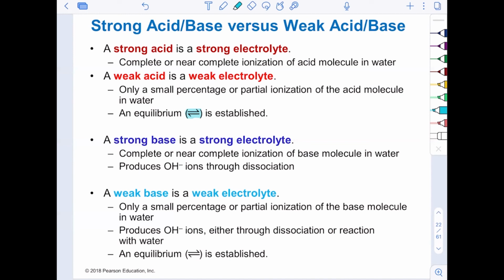Weak bases can be our molecular bases or our covalent bases like NH3. The weak base is also a weak electrolyte. Again, equilibrium is established. The definition of producing hydroxide through dissociation or reaction with water is still apparent. We'll see the hydroxide, but again, we'll look at more definitions than just the Arrhenius definition.